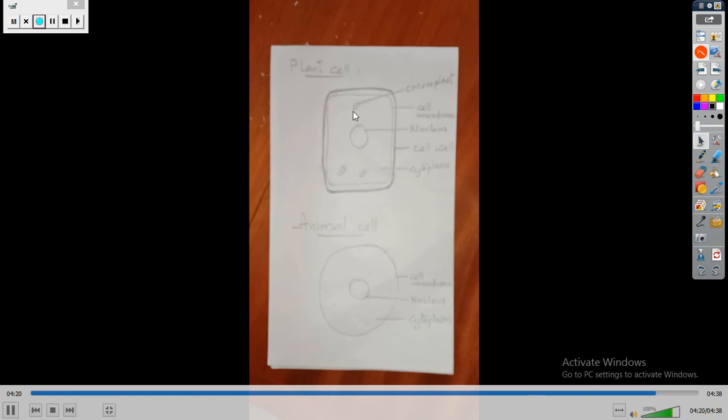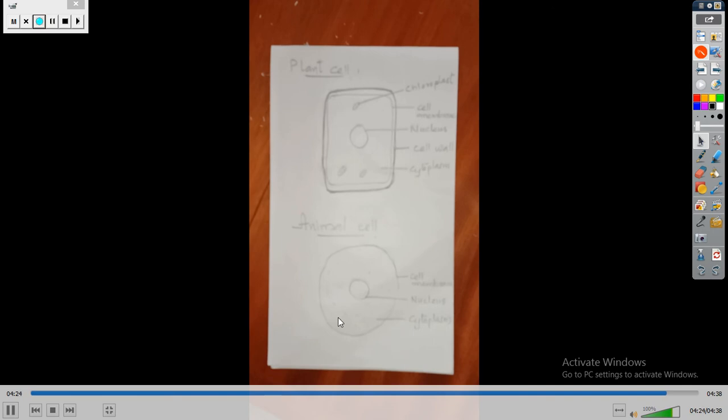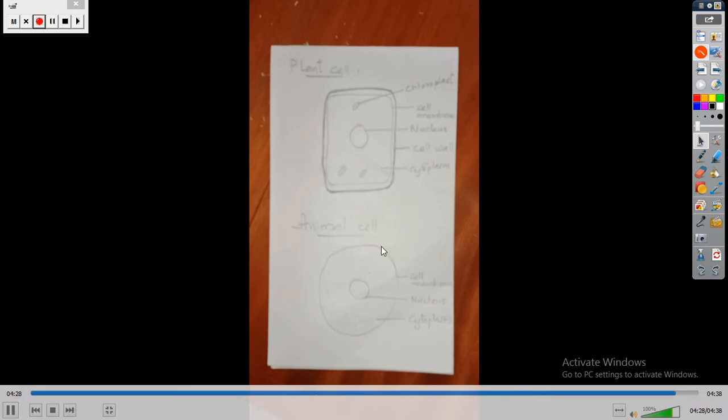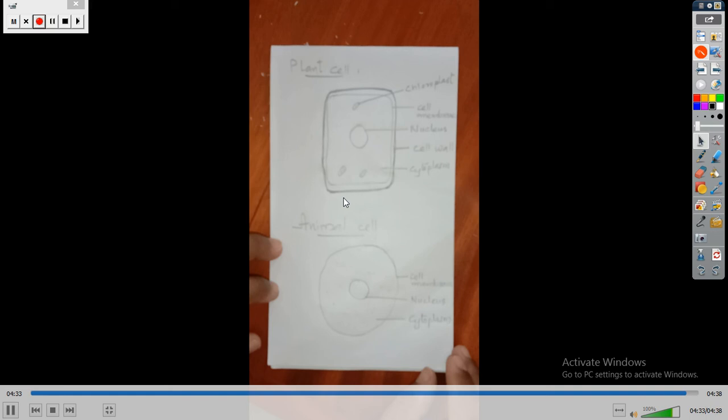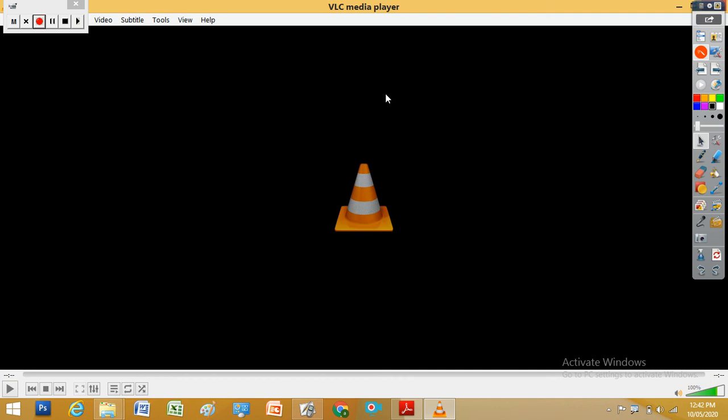The plant cell has chloroplast, but the animal cell does not have chloroplast. See, these are the differences between plant cell and animal cell. Try to draw this plant cell and animal cell, and if you have any doubt, contact me.